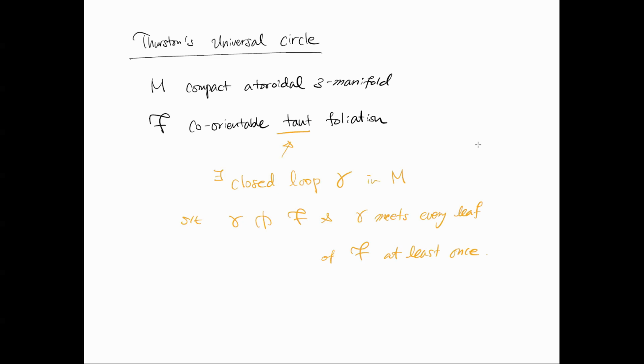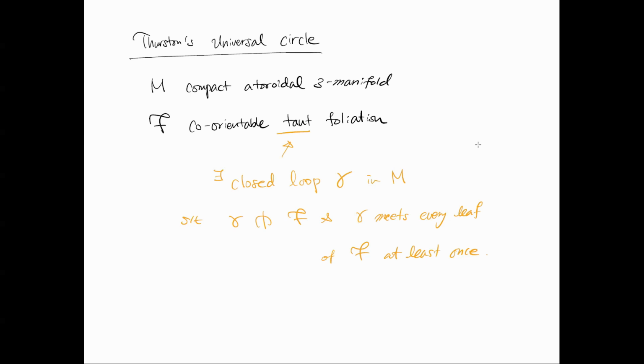Whenever I say a foliation in a three-manifold without mentioning dimension, I mean a two-dimensional foliation by two-dimensional submanifolds. Taut means there exists some closed loop in the three-manifold which is transverse to the foliation, and it meets every leaf of the foliation at least once.